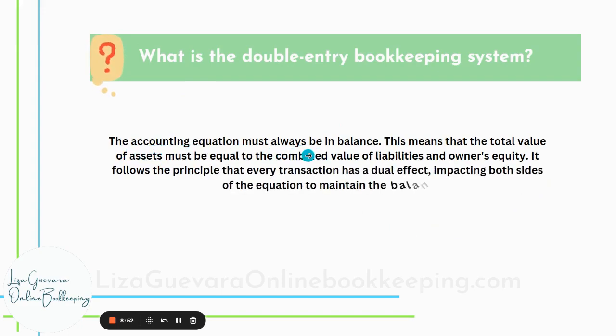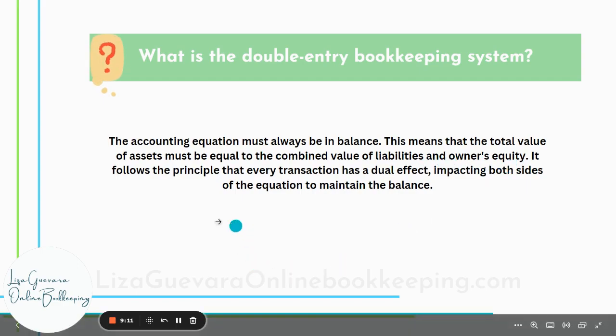So the accounting equation must always be in balance. This means that the total value of the assets must be equal to the combined value of liabilities plus owner's equity. Liabilities and owner's equity.